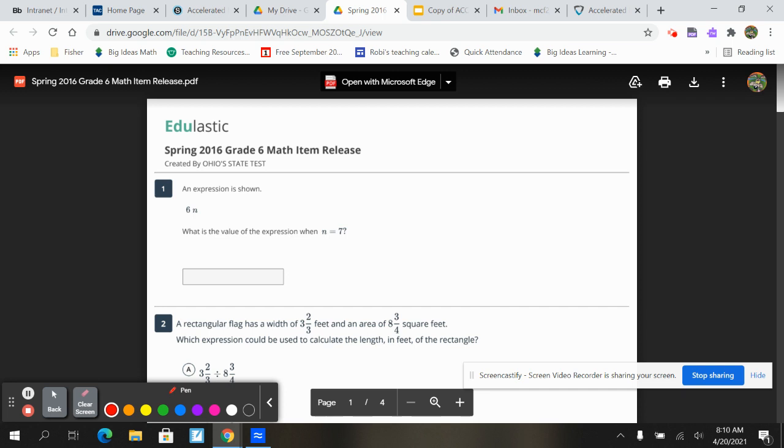Shout it out. 42, right? Listen, it doesn't get any easier than that. They want to know if you know, because there's no multiplication sign, there's no raised dot, there's no anything, if you know what to do with that expression.